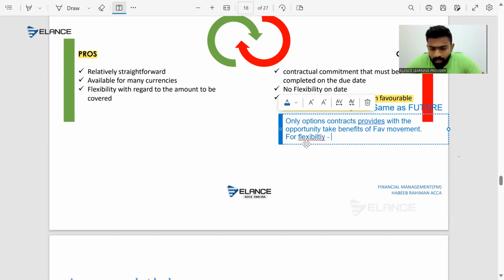We need to pay for the option. That cost of the option is said to be the premium. We have to pay a premium at the start itself.